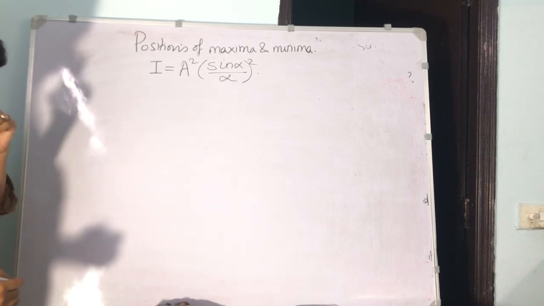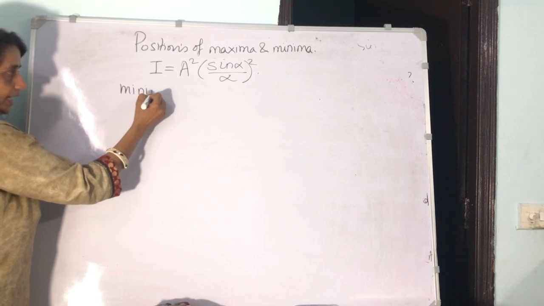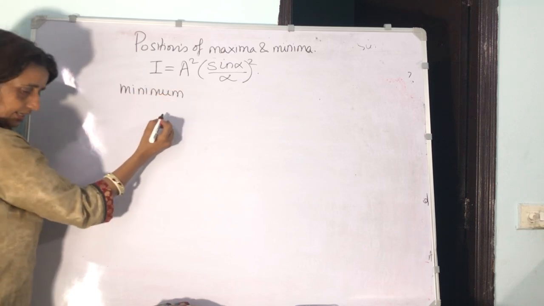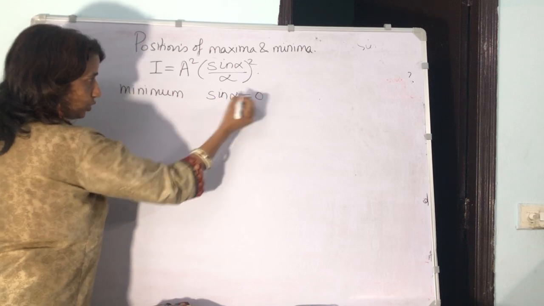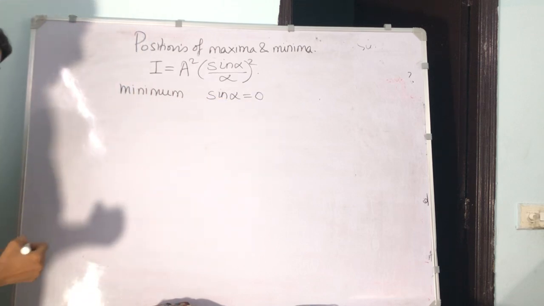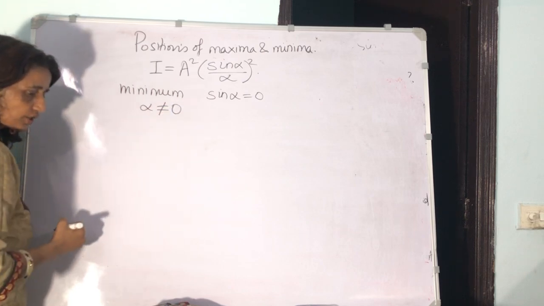Right? Now intensity is minimum when sine alpha is equal to 0 and alpha is not 0.